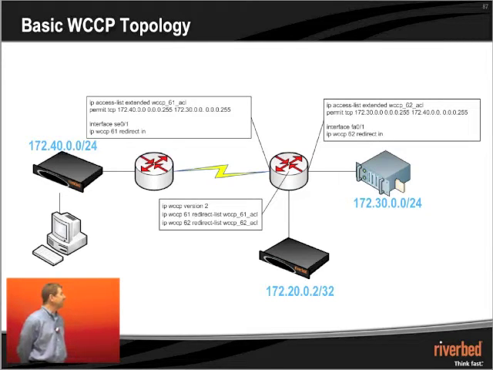As you see here, the basic topology involves turning on IP WCCP on the router and creating groups 61 and 62 with redirect lists that are defined by ACLs. And then we go into the interface and specify that we want to do redirect in, meaning that traffic coming into the interface gets redirected.